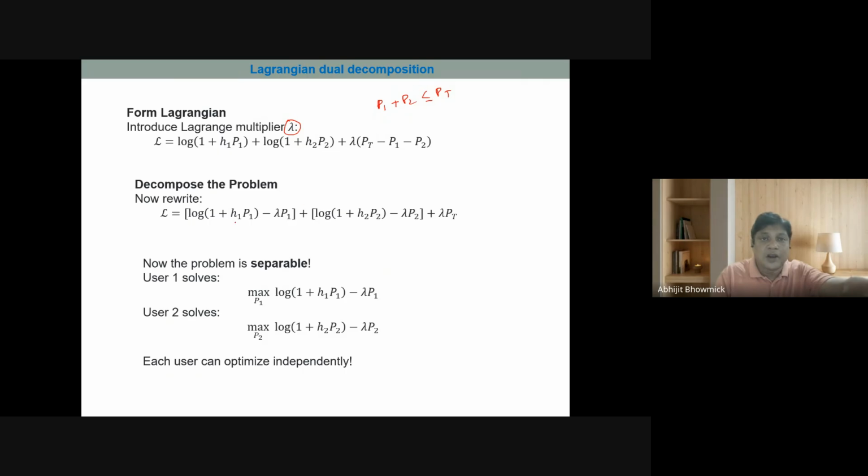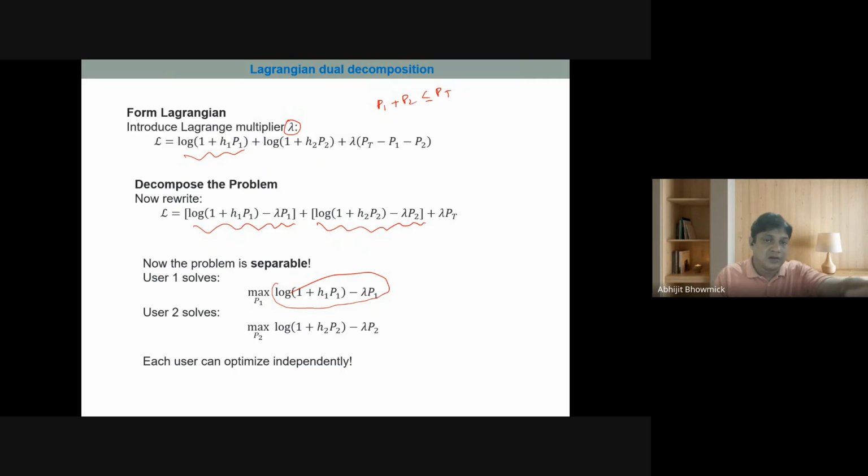Now I'll separate them. So lambda into P1 will come here, the user 1 case, and lambda into P2 will come here. So I can reformulate the equation: this for user 1, this for user 2. Now you have to maximize this function for the optimal value of P1.